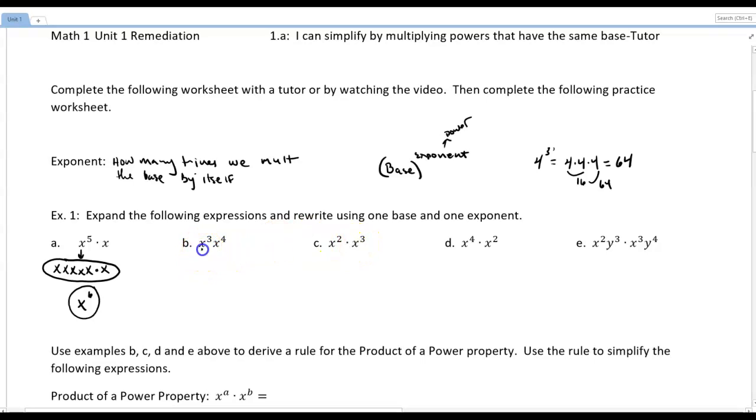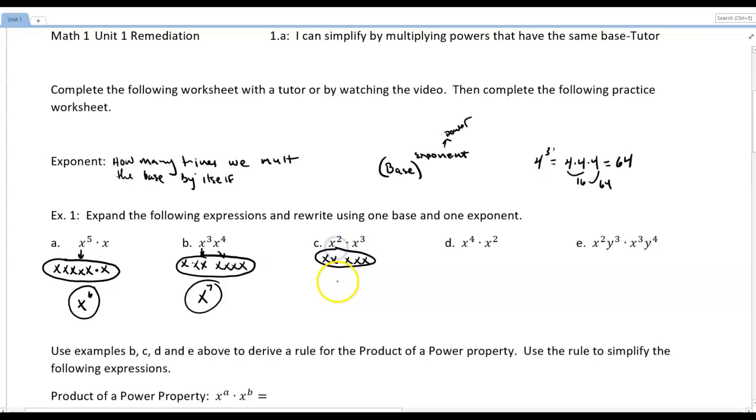Now the next one gives me x times x times x, times x times x times x times x. How many total x's do I see here? I now see 7, so that can be rewritten as x to the 7th. The next one, we could rewrite as x times x, and this one as x times x times x.